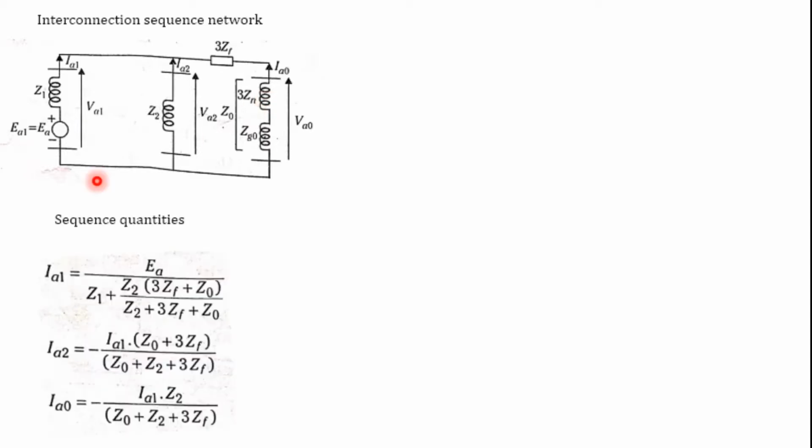Okay, from this what we can write is the sequence quantity Ia1, which we can consider as a branch current.